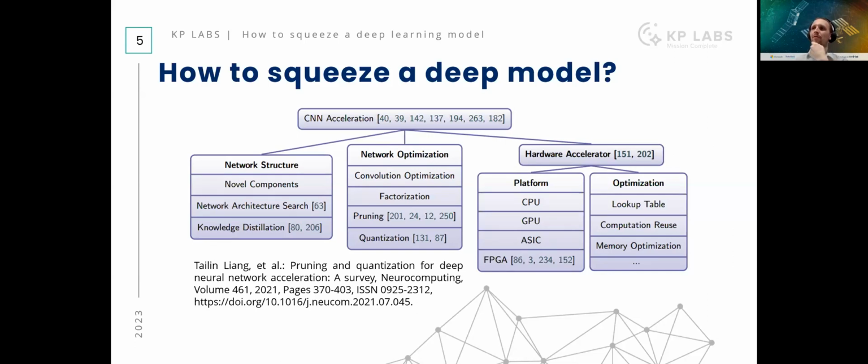Basically, it could be done at different levels. We could use a classic neural network of a given architecture, and then we could try to optimize this already existing architecture, for instance, using quantization or pruning of the network. There are also some smarter techniques for developing the deep network for onboard processing.